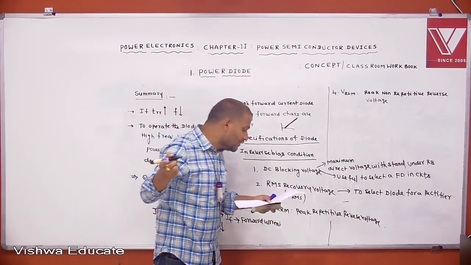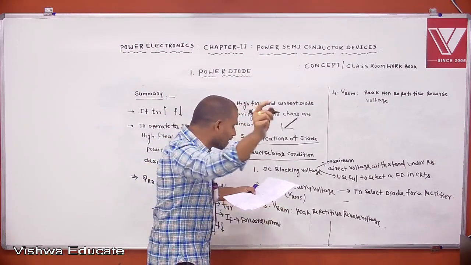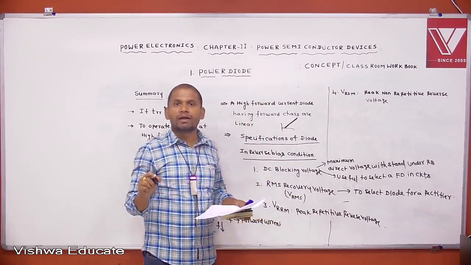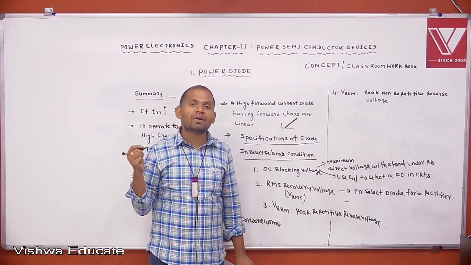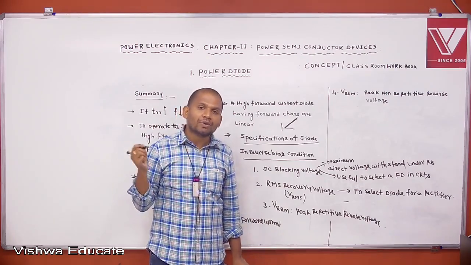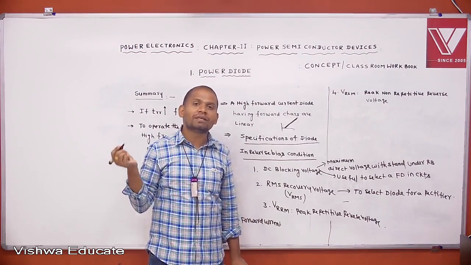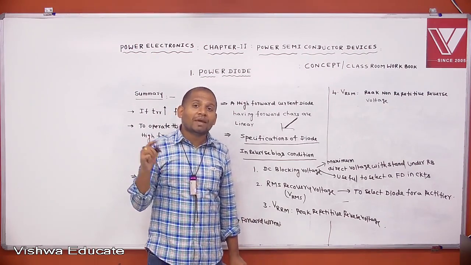It is the maximum voltage across the diode that appears periodically.